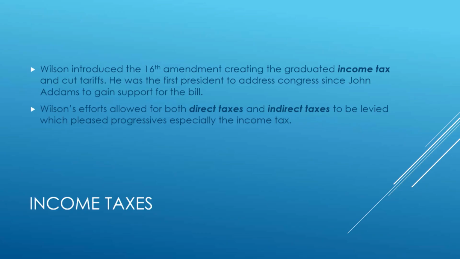Wilson's efforts also allowed for both direct and indirect taxes. Direct taxes would be taxes on property. If you own property, direct taxes would be taxes that you would have to pay. The only problem with direct taxes is they have to be proportional for each state. In other words, it had to be based on the size of the state.